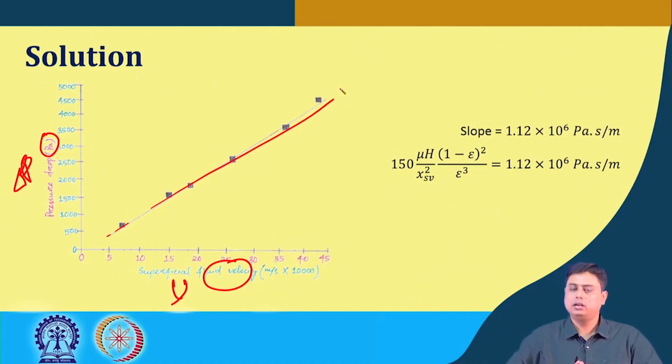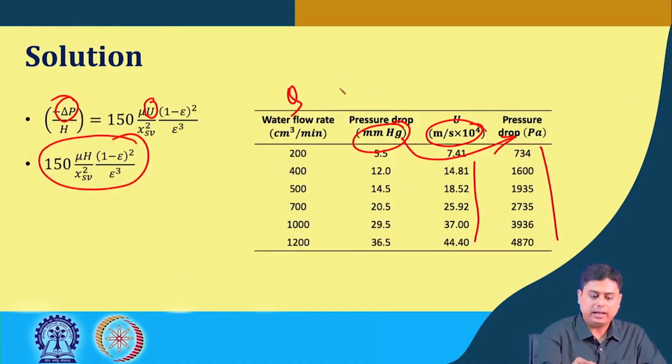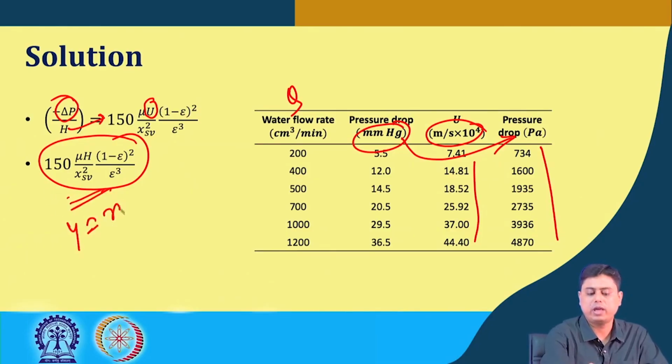If this is laminar, then this delta P versus U plot will give a straight line, y equals mx, where m is this value.